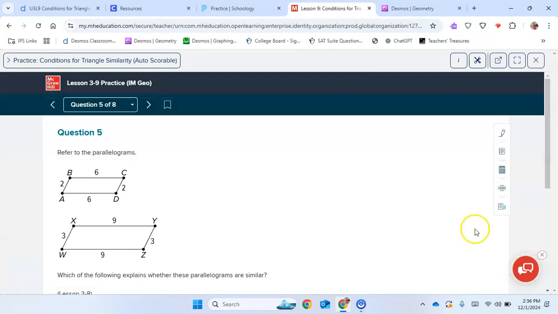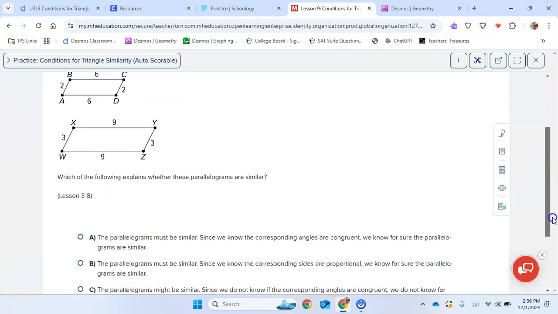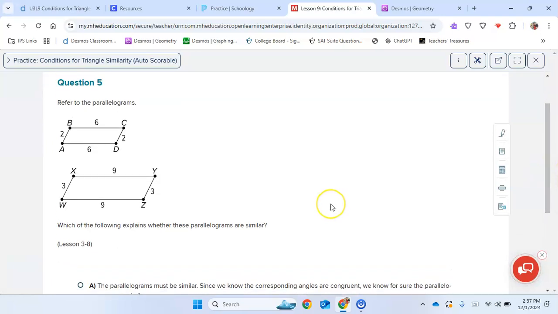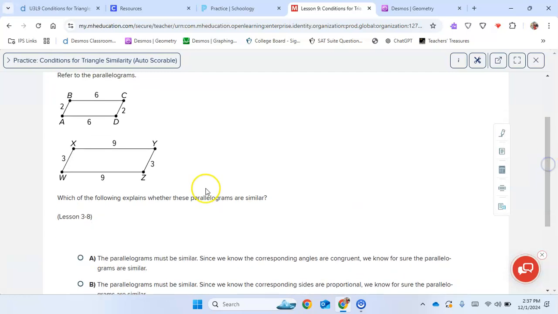Refer to the parallelograms. Which of the following explains whether these parallelograms are similar? All right, so you can see if you take the smaller one to the bigger one, you have a scale factor of 2/3 on each side. 6 divided by 9 is also 2/3. But it doesn't say that any of the angles are congruent.